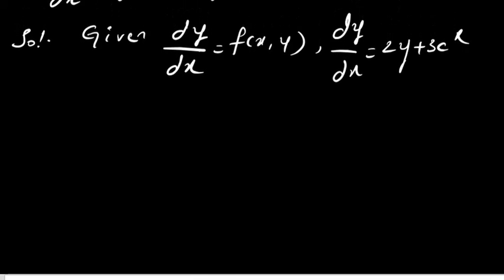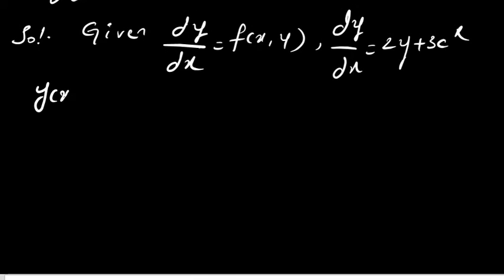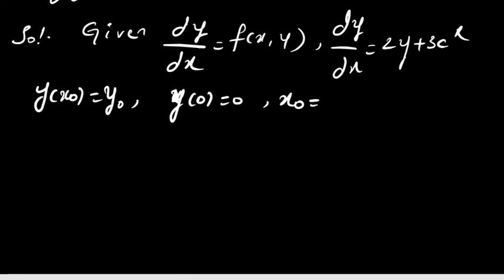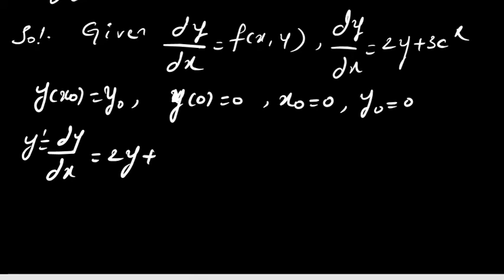So what are the initial conditions here? y of x naught is equal to y naught, and it is given y of 0 is equal to 0. Comparing, we get x naught is equal to 0, corresponding y naught is also 0. These are the initial conditions. dy by dx is nothing but y dash. So y dash is equal to dy by dx, and that is equal to 2y plus 3e to the power x.